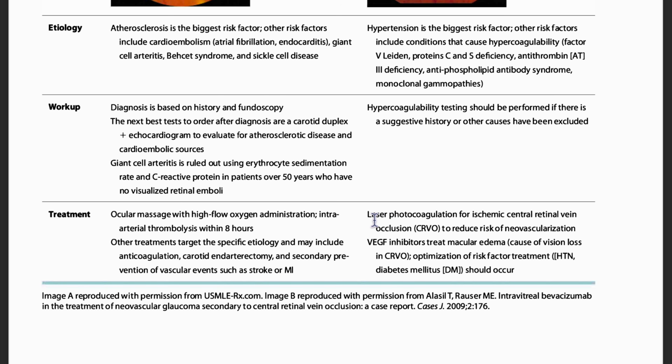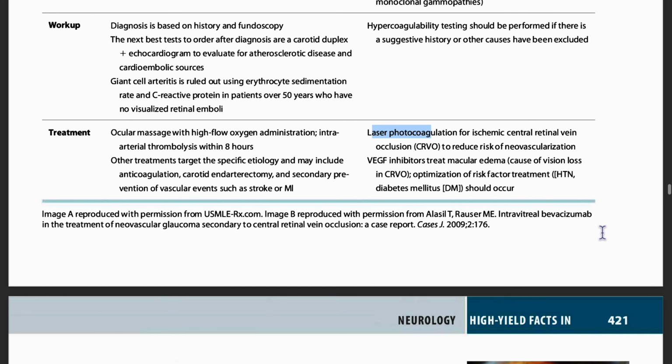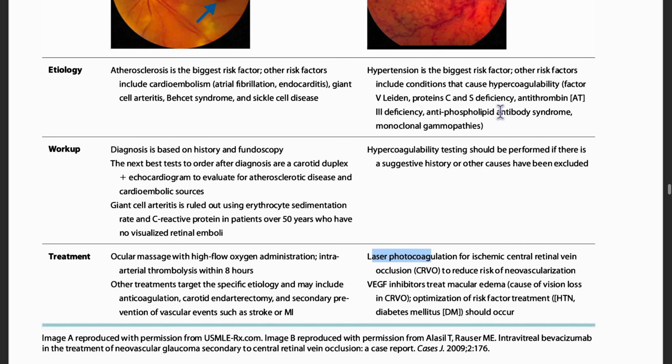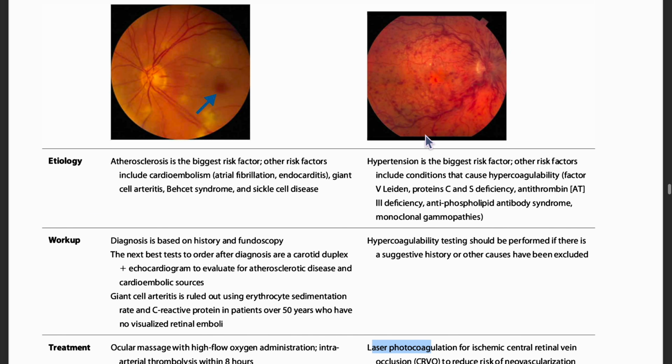Okay, so here we're going to do laser photocoagulation for ischemic central retinal vein occlusion to reduce risk of neovascularization. And it looks like that.